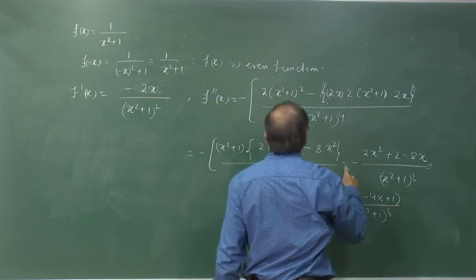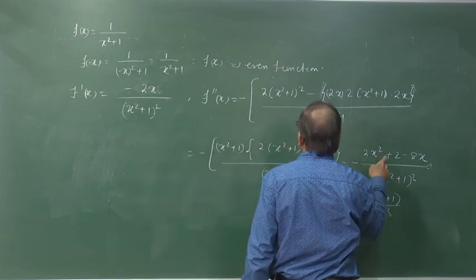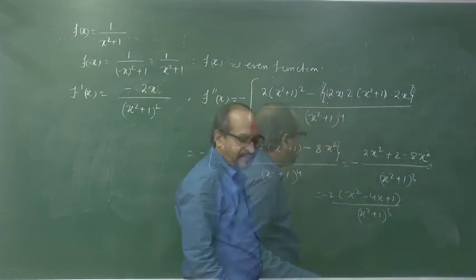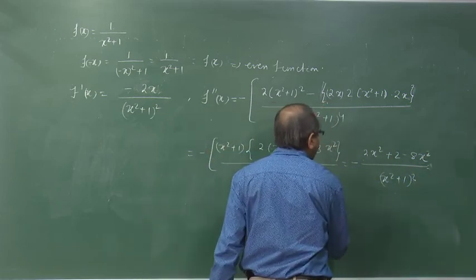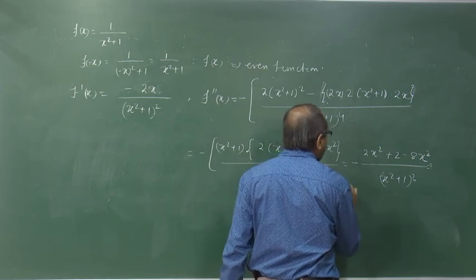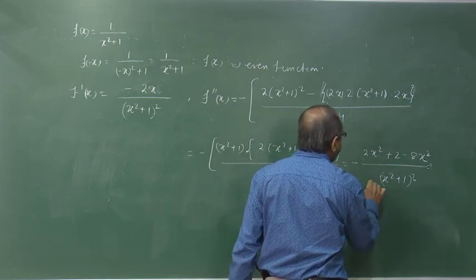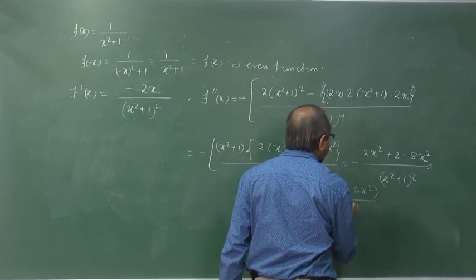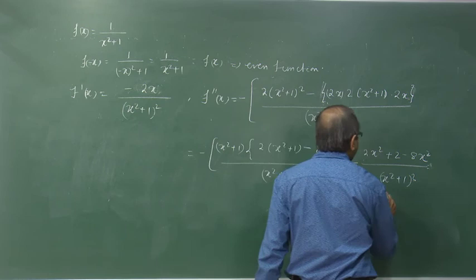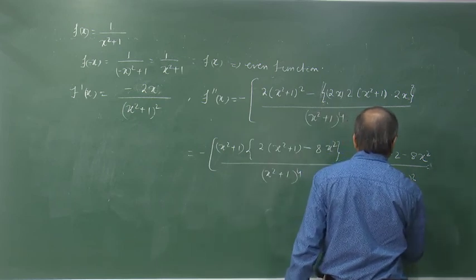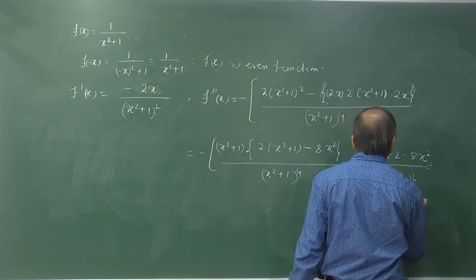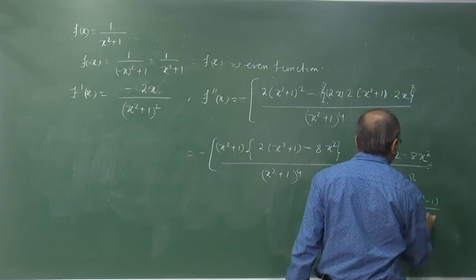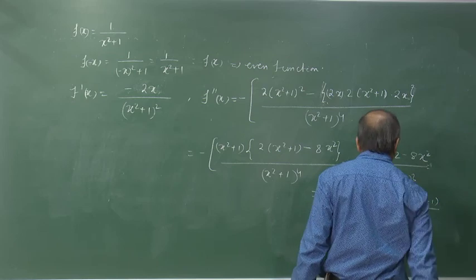So, it is 2x square plus 2 minus 8x square, it is equal to minus 2 minus 6x square by x square plus 1 whole cube, is equal to minus 2 taking common, it is 3x square minus 1 by x square plus 1 whole cube.